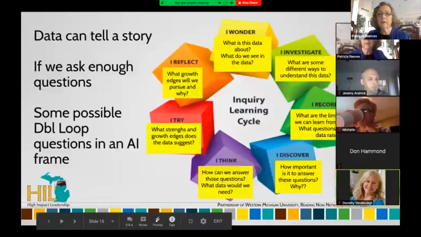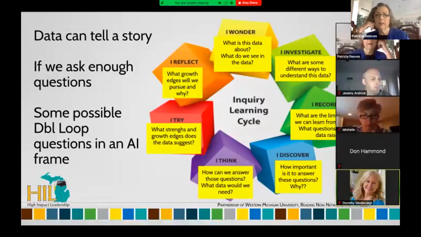So we're going to use this process that we outlined when we gave you the survey data for your cohort A schools. And if you did not have a cohort A school, you may be seeing this for the first time. But this is simply taking a standard inquiry cycle and putting our appreciative and our double loop questions onto that cycle. That's why you see the little yellow boxes.